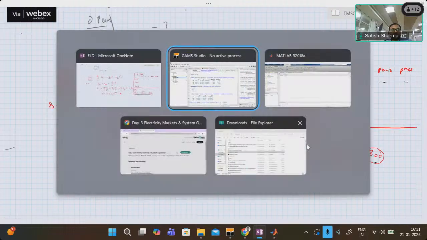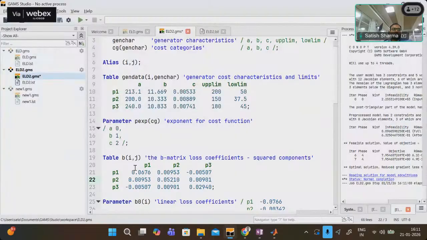This is what we have mentioned here. So this bij is the first parameter, the square component of the P loss coefficient, between Pi and Pj. This is the b11, b12, b13, b21, and so on. So these are the different coefficients.